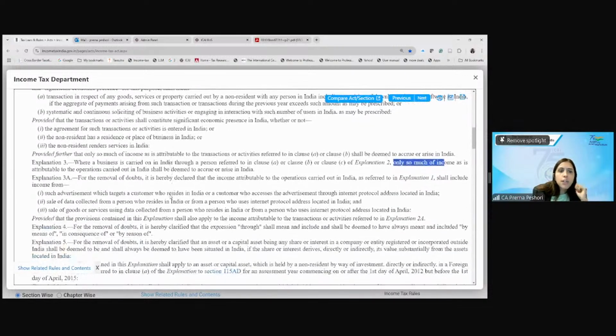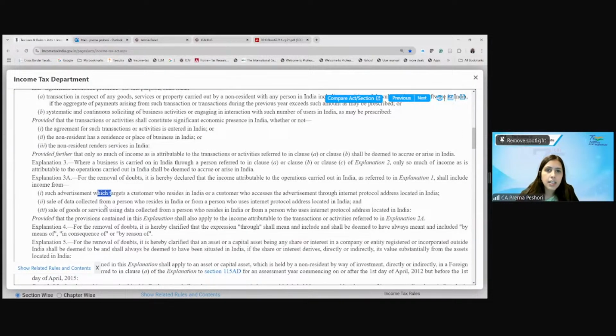It says, for the removal of doubts, it is hereby declared, Explanation 3A: income attributable to the operations carried out in India as referred to in Explanation 1 shall include the income from advertisement which targets a customer who resides in India or a customer who accesses the advertisement through an internet protocol address located in India.